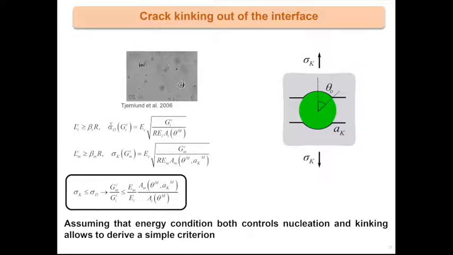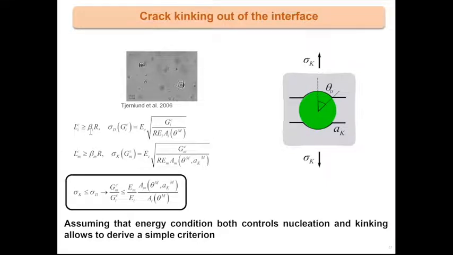That is to say, the stress for crack kinking is lower than the stress for debonding, which means that once the crack has debonded, it will be stable here because we are in the energy dominated situation. And if we satisfy also these conditions, the crack will automatically kink into the matrix. So we will have debonding followed by a kink into the matrix.